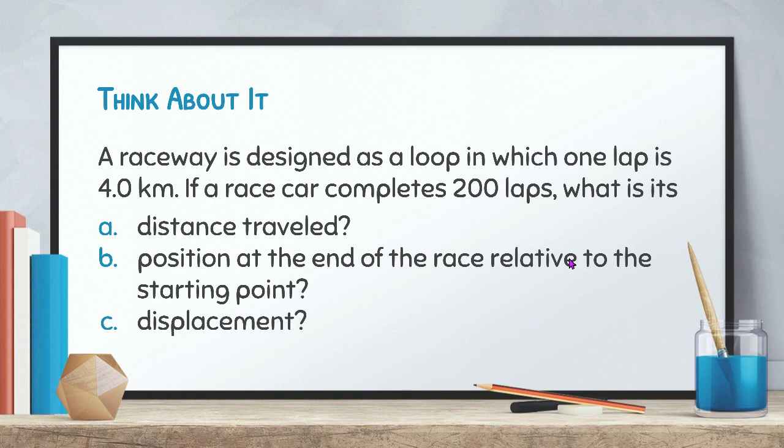All right. Well, if the position is 0 and displacement is the change in position, which is 0, what's displacement? 0 as well. All right. Now, typically, when you have situations where you're going to end up where you started, it's going to be 0.